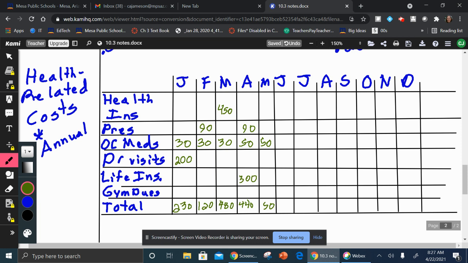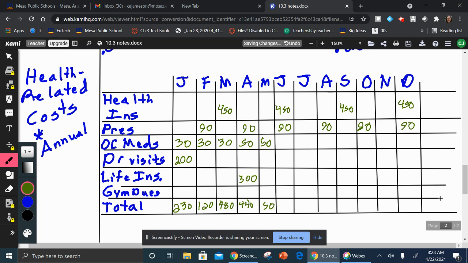Okay, and then in June, health insurance was due again, so $450. It's going to be paid in September and December. Okay, and then prescriptions. June, August, October, so every 2 months we have to get that prescription.